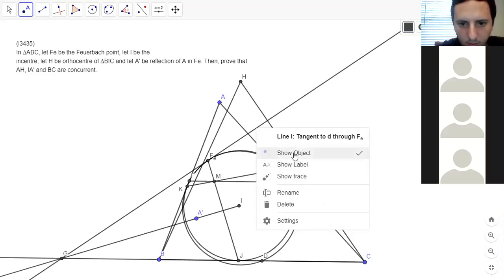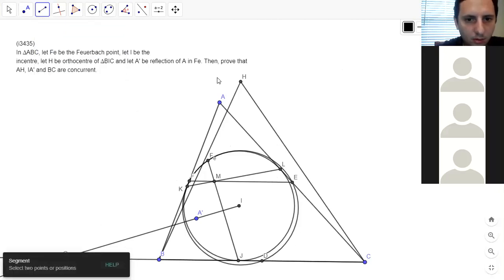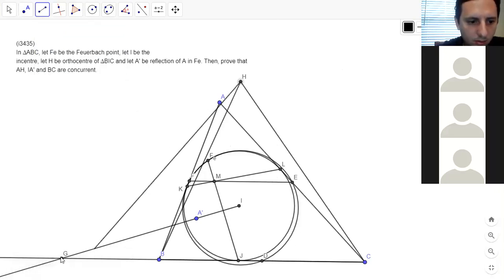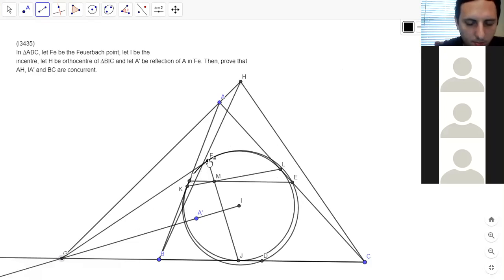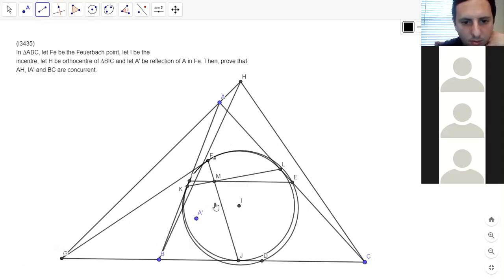Sorry, I have seen the configuration that JFe passes through M before. Since Fe, the Feuerbach point, is the anti-Steiner point of triangle JEF, it can prove that JM and Fe are collinear.